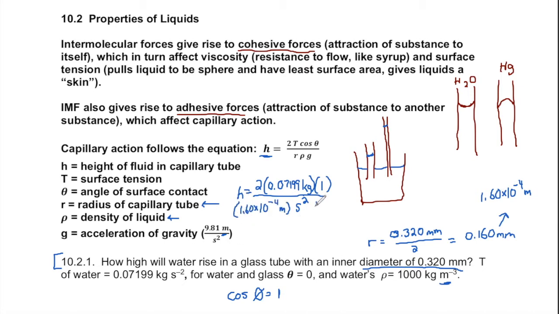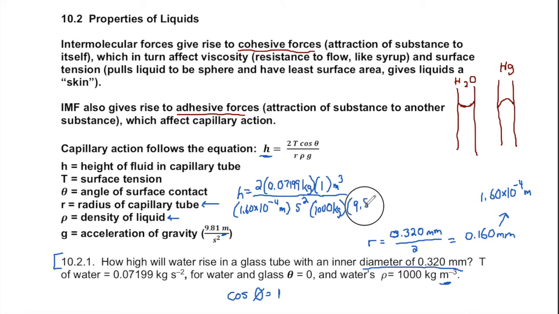So there we have the radius. The density is 1,000 kilograms per meter cubed, and then the force of gravity is 9.81 meters per second squared.